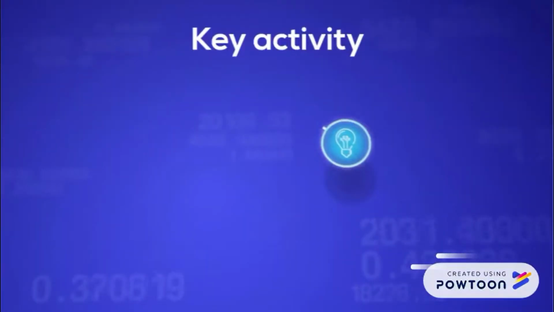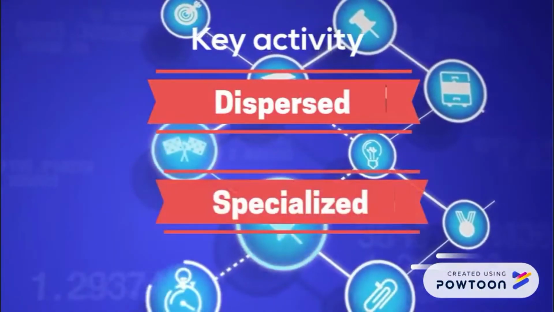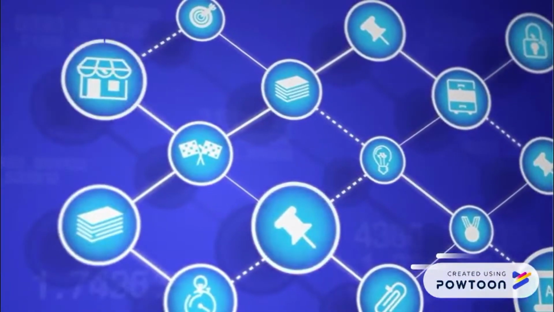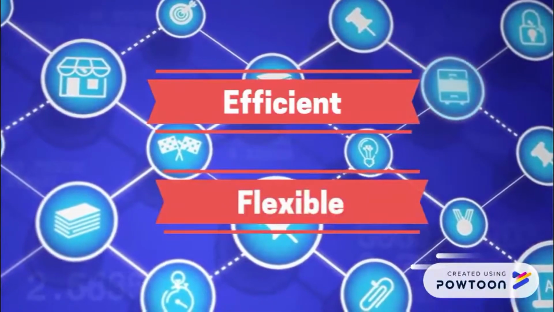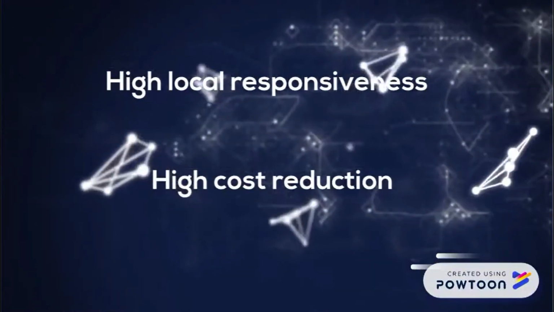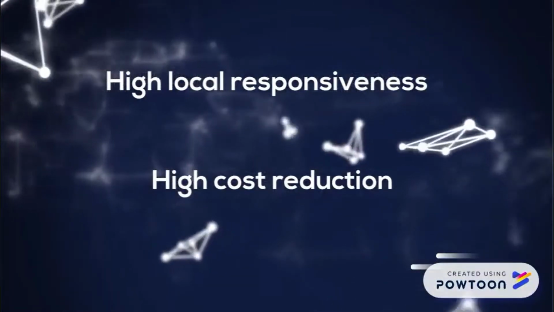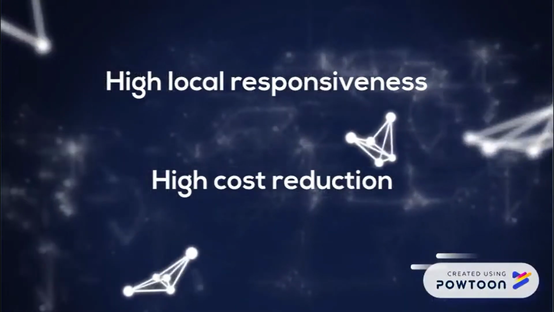Instead, resources and activities are dispersed but specialized, so as to be both efficient and flexible in an interdependent network. In other words, transnational strategy has both high local responsiveness and high cost reduction.